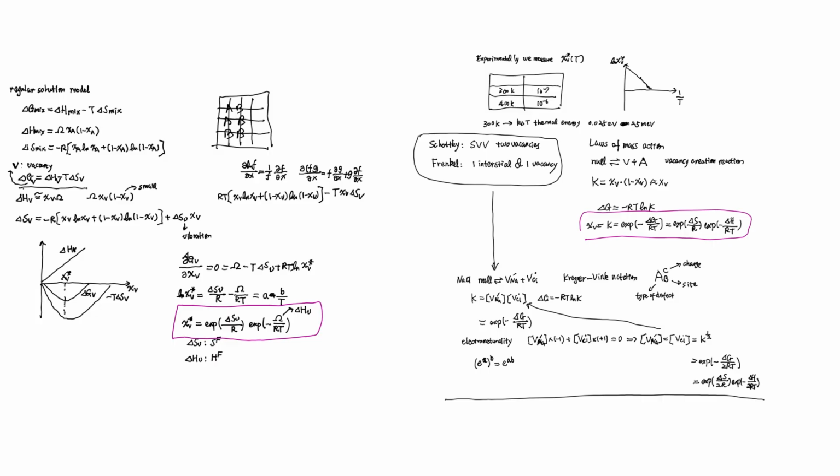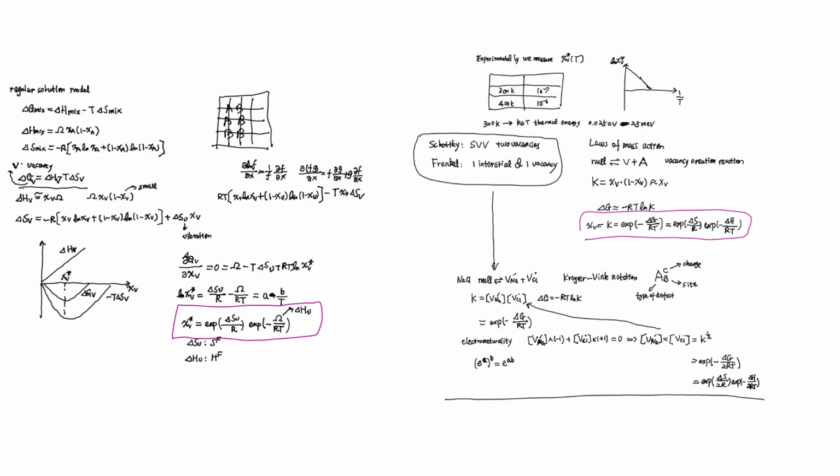We're going to skip that, and this is what it's going to look like: minus T delta SV plus RT log X equilibrium. So if you take the derivative of those two terms, this is what you get in the end for the derivative of delta G dx.